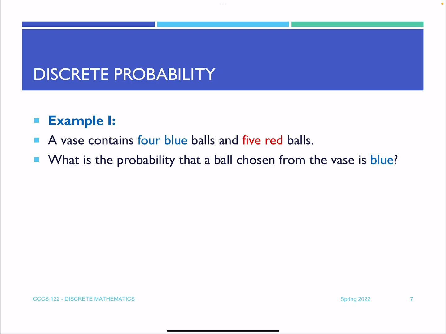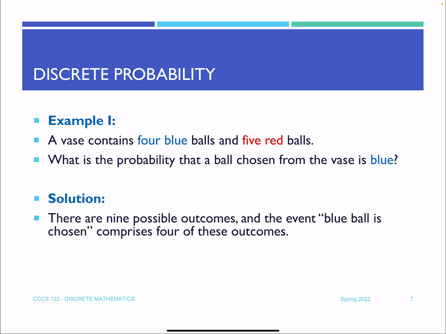Okay, so let's get into some examples. So, the first example over here, example 1. A vase contains 4 blue balls and 5 red balls. What is the probability that a ball chosen from the vase is blue? There are 9 possible outcomes, because there are 9 possible balls that you could pick.